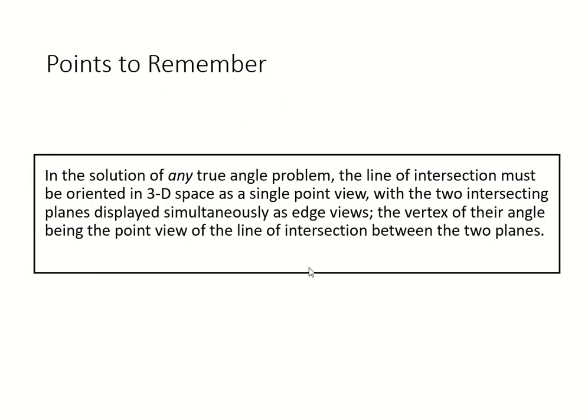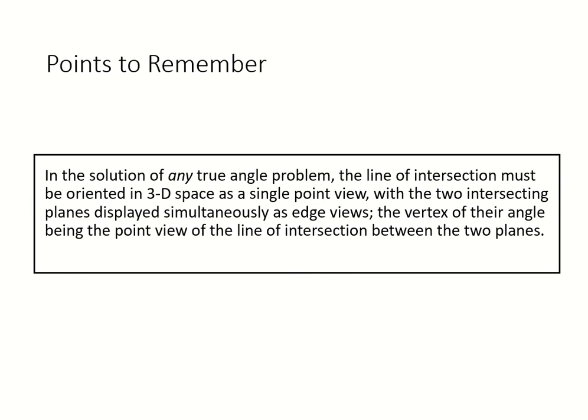So, recap. Every time we want to solve a true angle problem, the line of intersection, the line between the two surfaces, is oriented in 3D space, and we want it as a single point view. In the previous example, that's on your front view between surfaces A and B. With the two intersecting planes displayed simultaneously as edge views, the vertex of their angle is the point view of the line of intersection between the two planes.